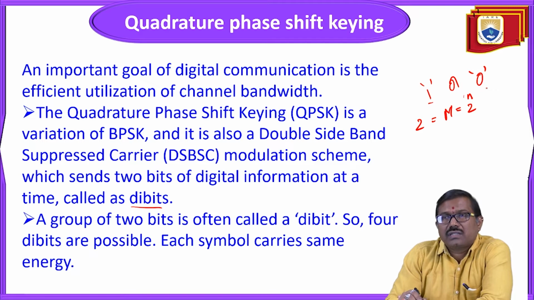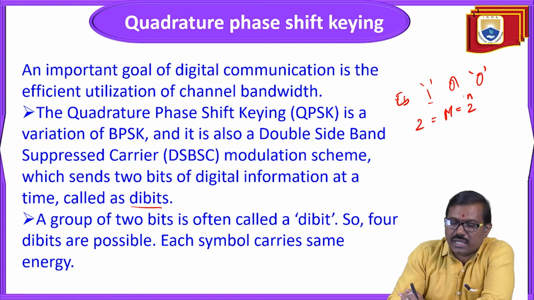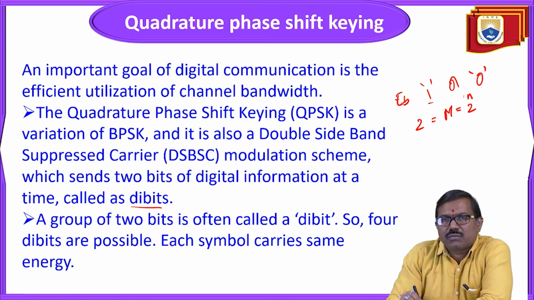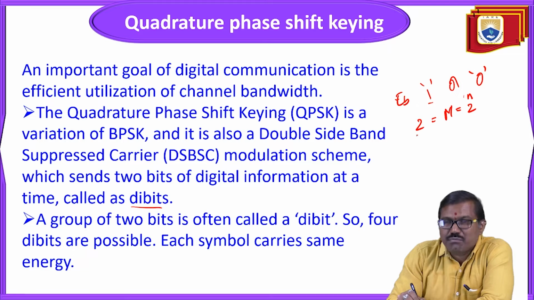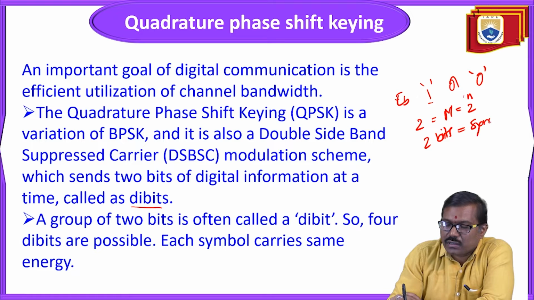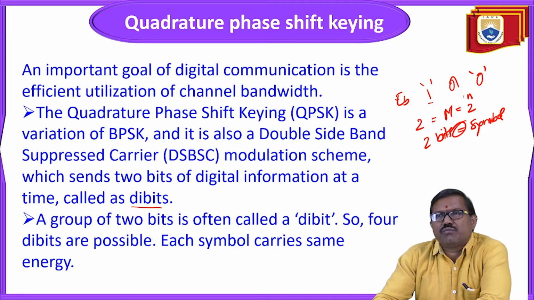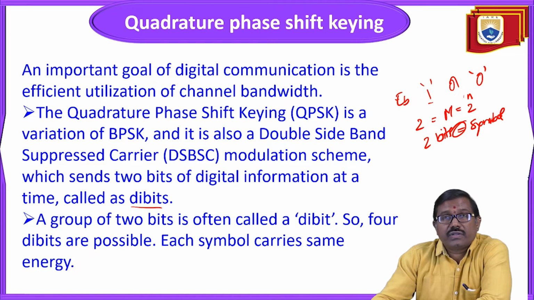But here we send 2 bits as a symbol, so we consider symbol energy. So there is a difference between binary and M-ary.